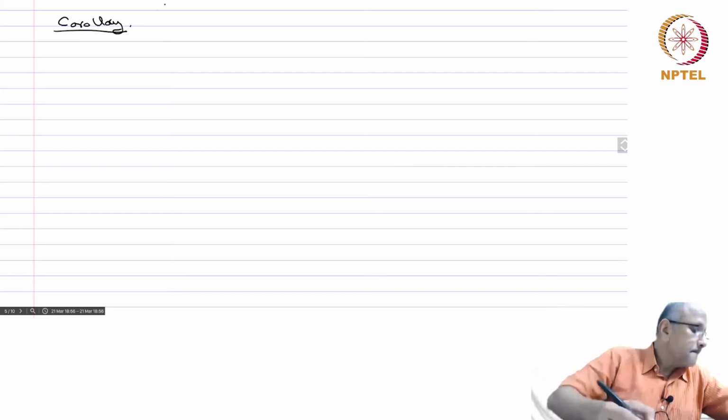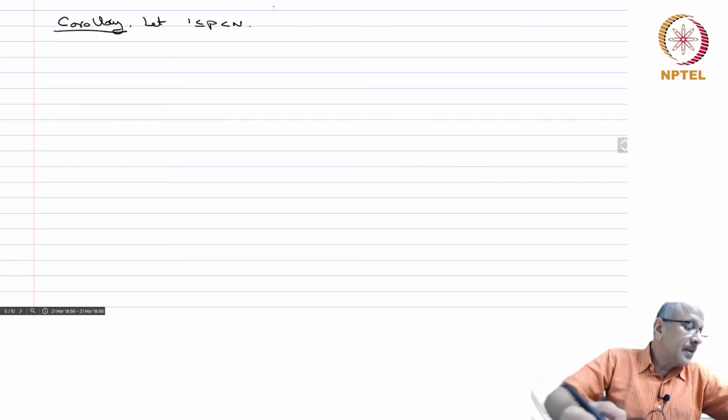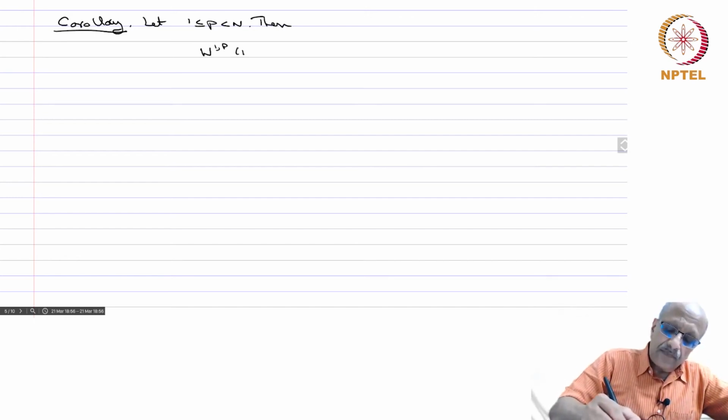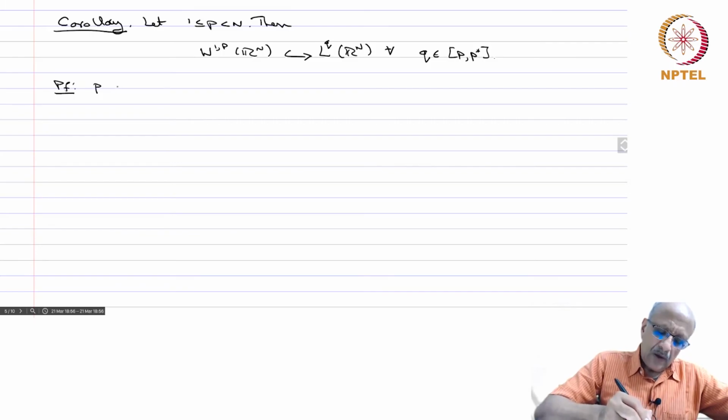So now we will see some corollaries of this thing. Corollary: let 1 less than or equal to p less than n, then W^{1,p}(Rn) is continuously included in L^q(Rn) for all q belonging to [p, p*]. Proof: q = p is obvious, q = p* is proved in the Sobolev embedding theorem.